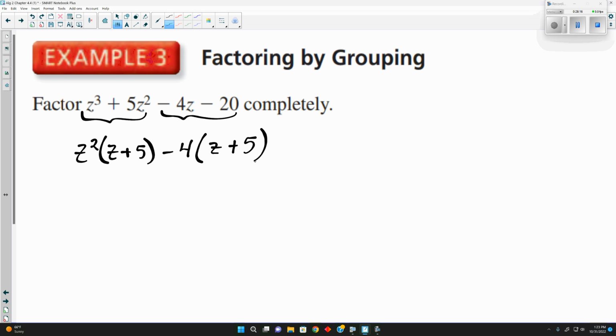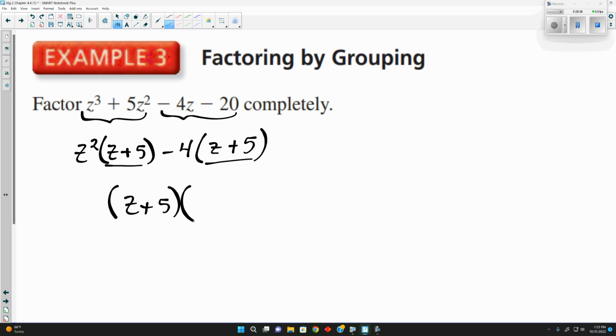Now that seemed a little weird to do, but if we look at it now, is there something in common with both of those terms? Z plus 5, yes? We can factor that out. So I can factor a z plus 5 out of both terms.